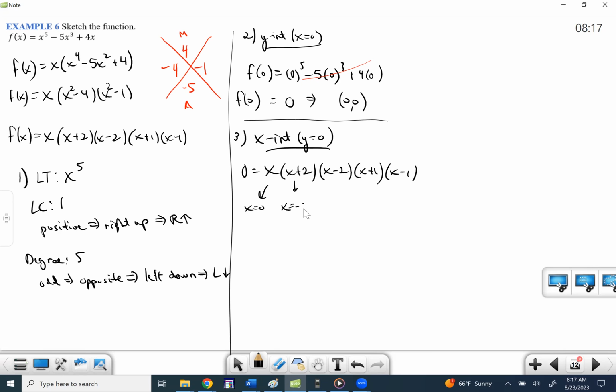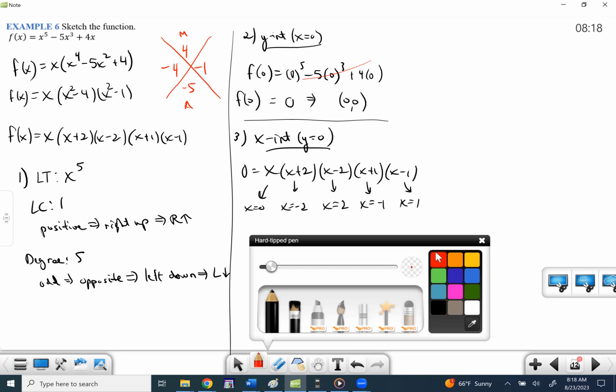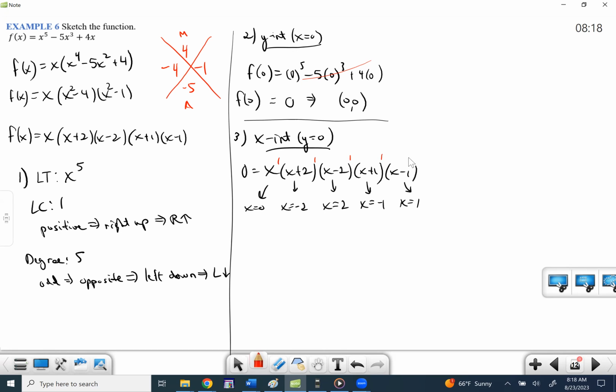You guys know to change the sign. So that one will be a -2. This one will be a +2 when we move the 2 over. This one will be a -1. And this one will be a +1. Holy cow, we had a lot of zeros. They're all multiplicity 1s, which means that they are all going to be crosses. So multiplicity 1 implies we have a bunch of crosses here.